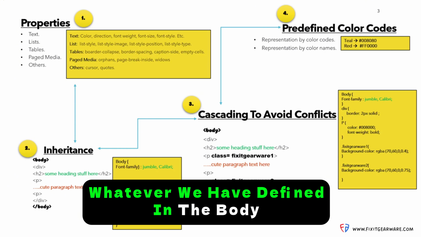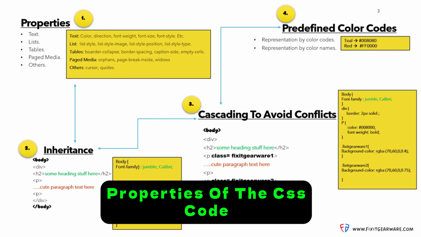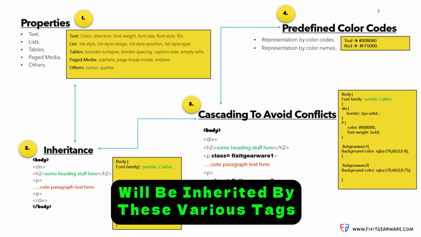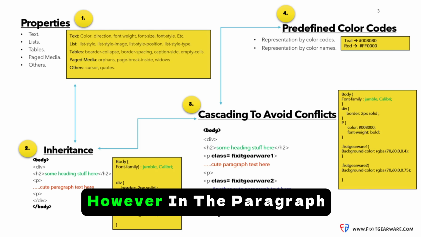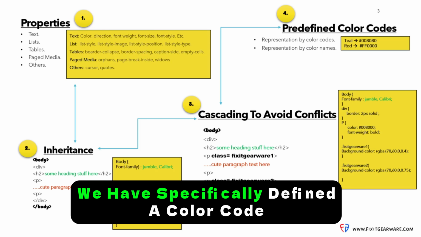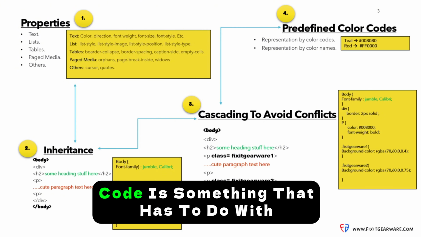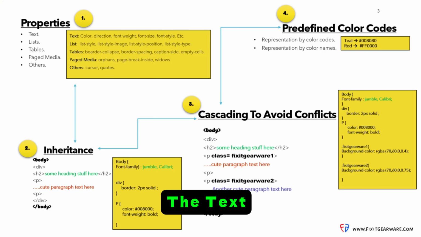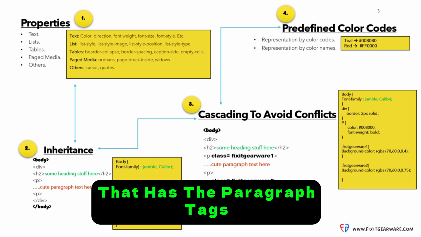Whatever we have defined in the body properties of the CSS code will be inherited by these various tags. However, in the paragraph, we have specifically defined a color code. This color code has to do with the text that has the paragraph tags.